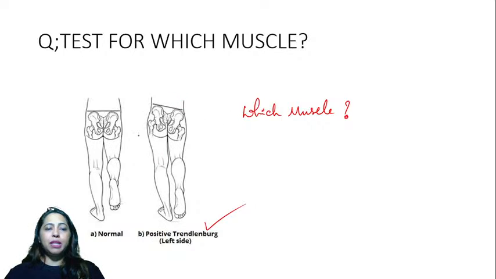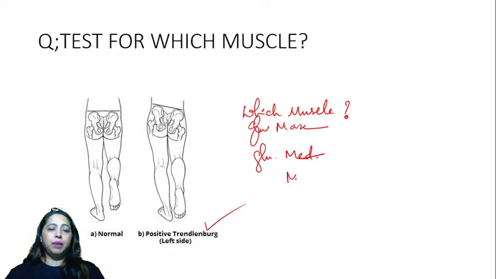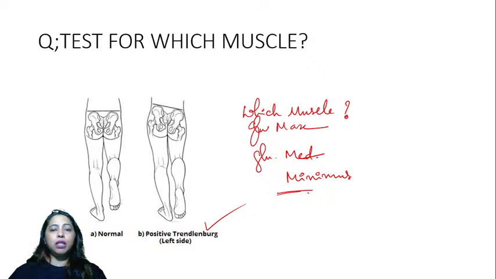So, what muscles are present in this region? You have gluteal muscles, right? Gluteus maximus, gluteus medius, minimus. All these are present, and this is a test for which muscle? Is it for maximus? Is it for these two? Okay.